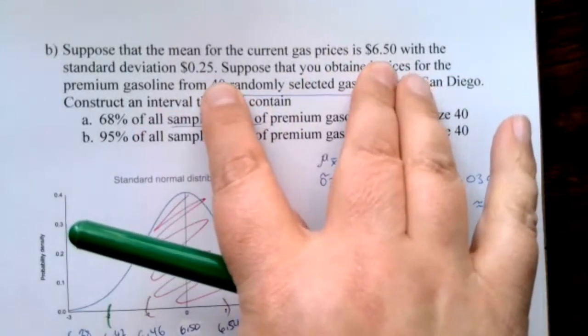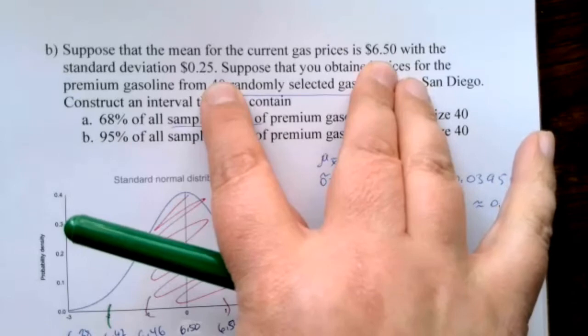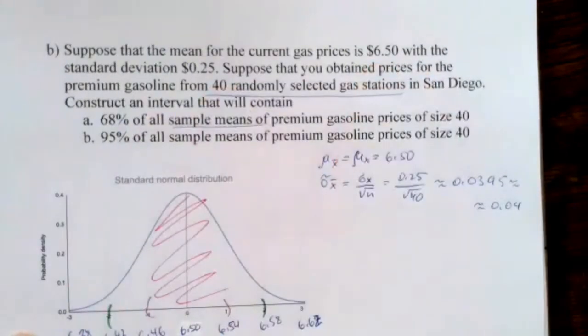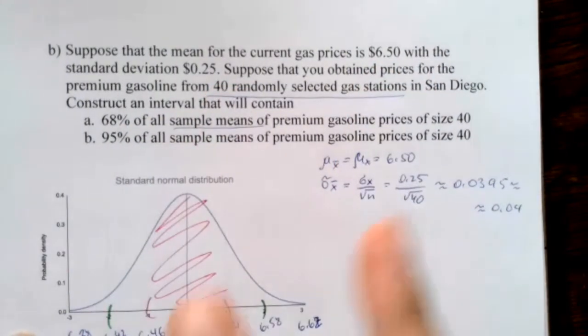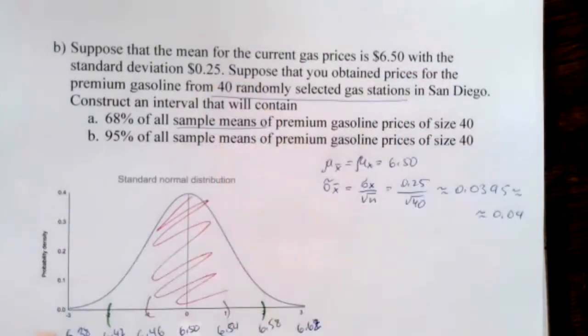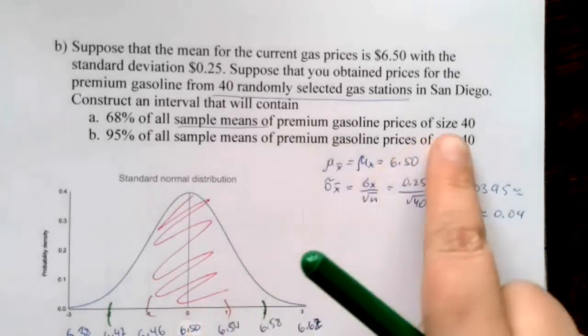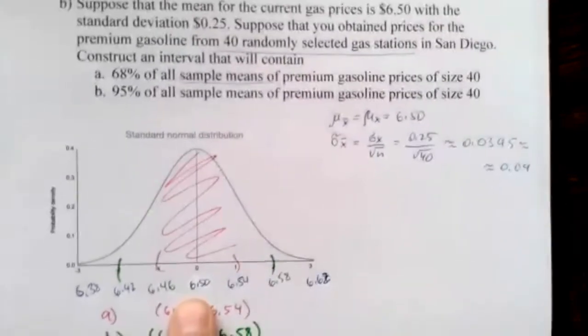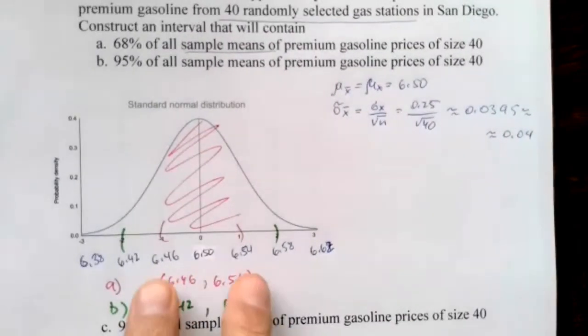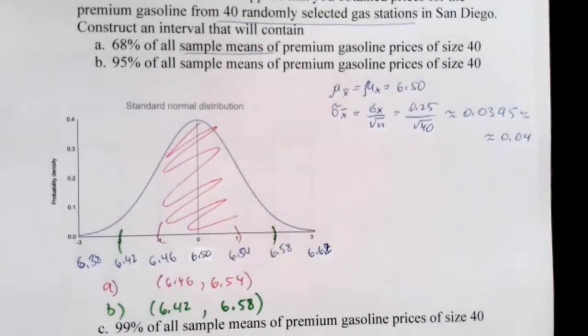And I want to mention again that we're not estimating the parameters of the population yet. We are given the parameters, and we are building the confidence intervals for those sample means. So how close are those sample means of size 40 to the mean of the population? Pretty close.